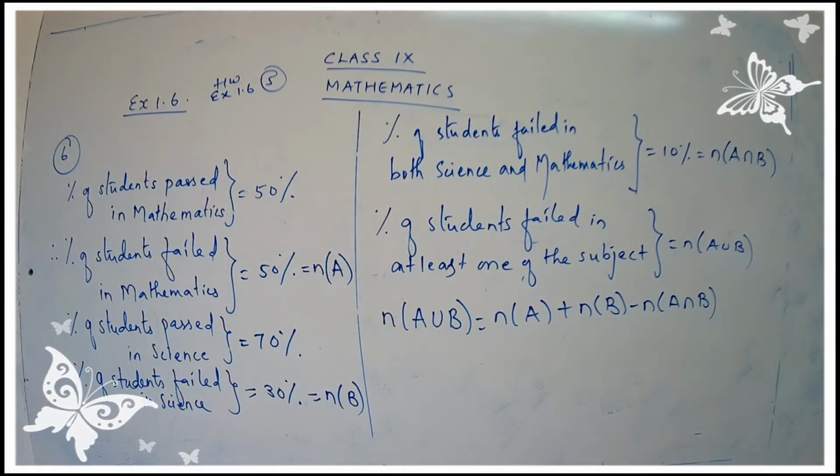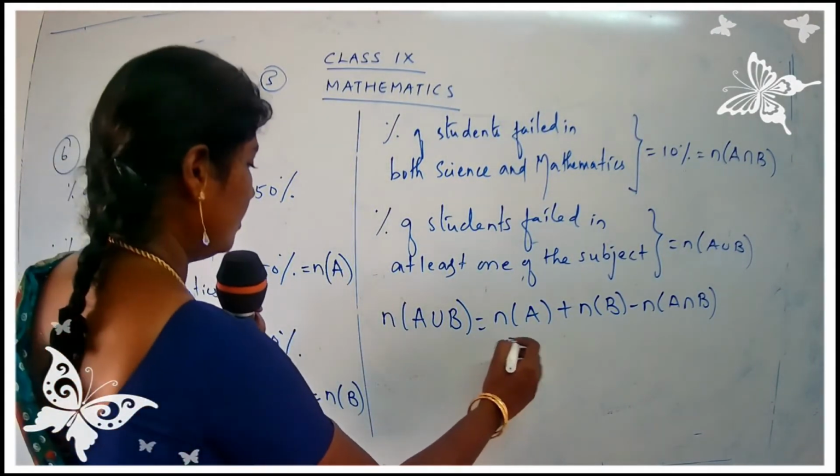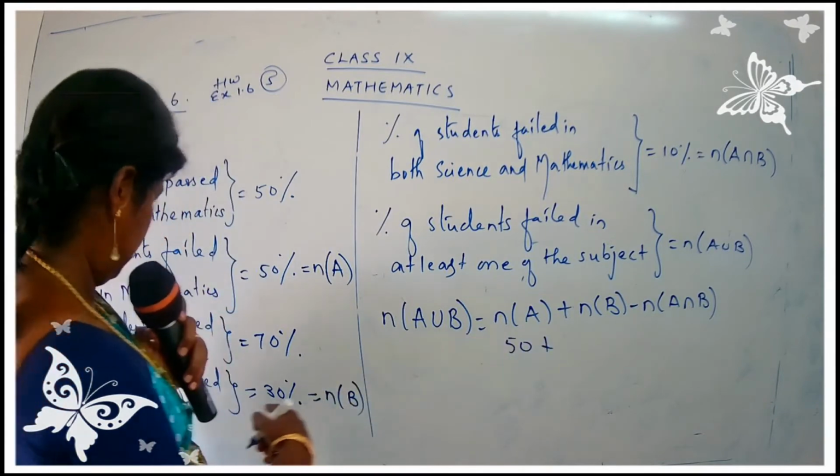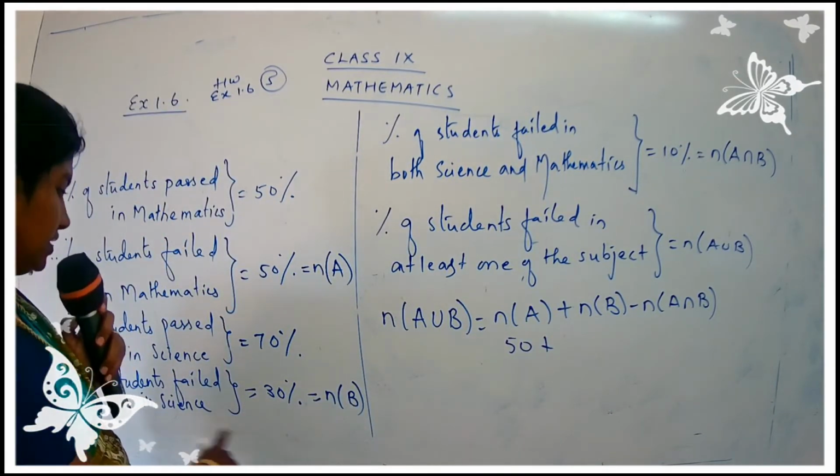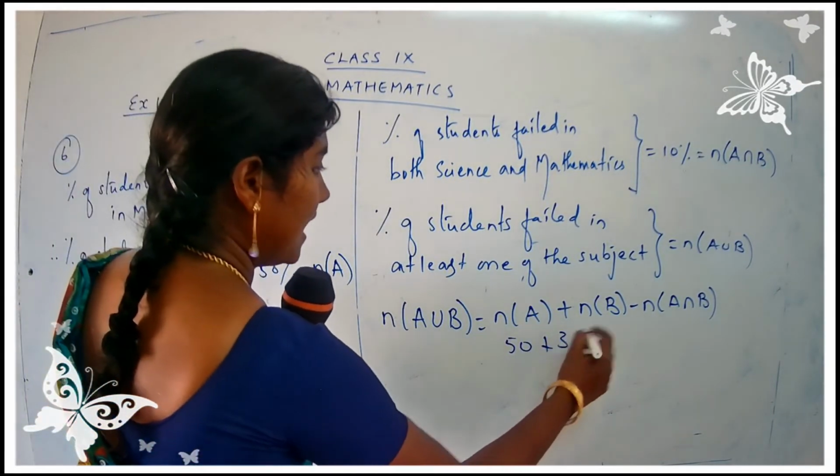So now let's substitute the values that we know. I know the value for n of A. I know the value for n of B. And also I know the value for n of A intersection B. Come on, let's substitute the values. So this is 50 plus failed in science, 30, minus 10.